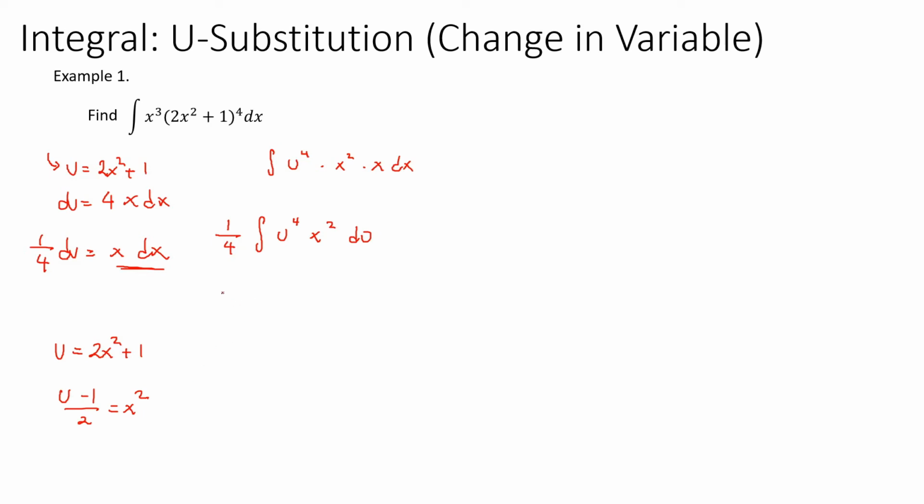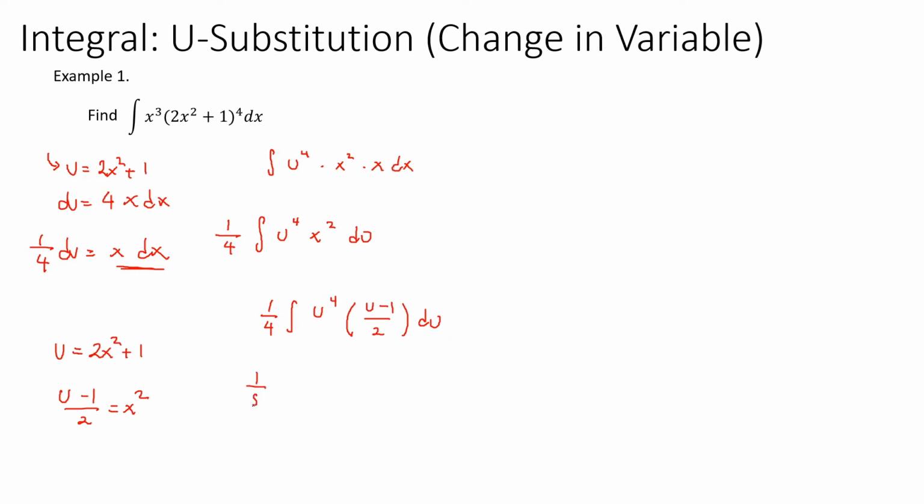Changing the variable, in this case x squared, will allow us to solve this integration. So we have 1/4 integral of u to the 4th times (u minus 1) over 2 du. Now the entire integration is in a variable of u.